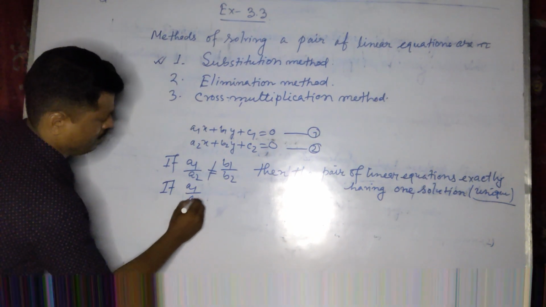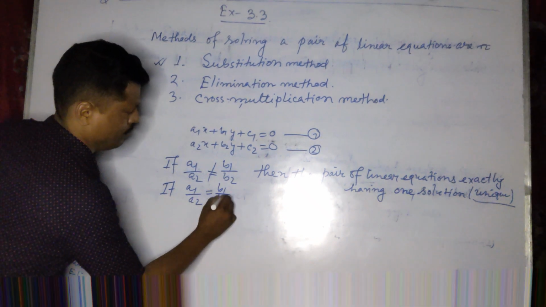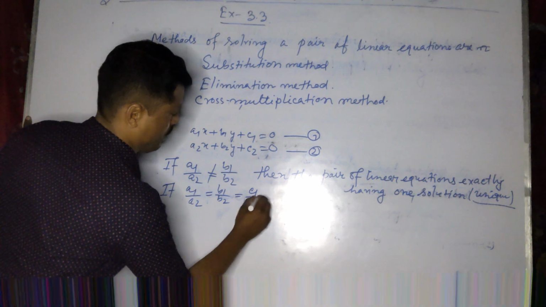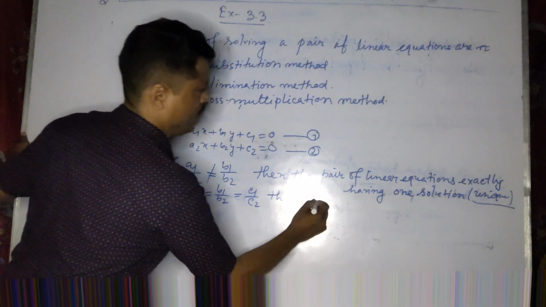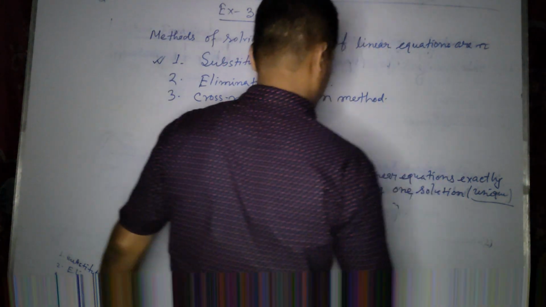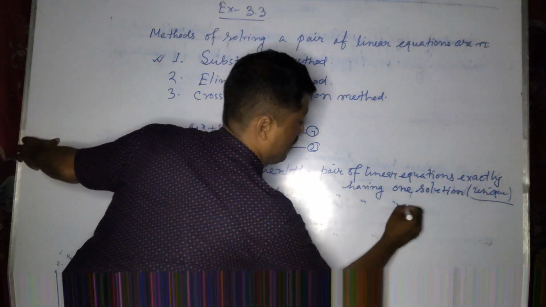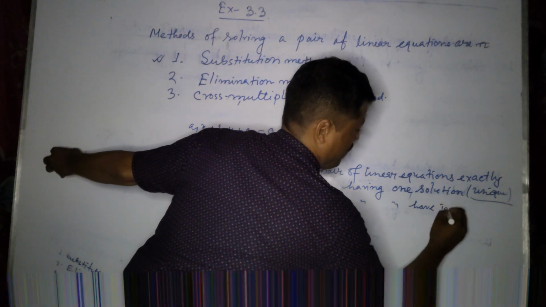If a1 by a2 is equal to b1 by b2 is equal to c1 by c2, then the pair of linear equations has infinitely many solutions.